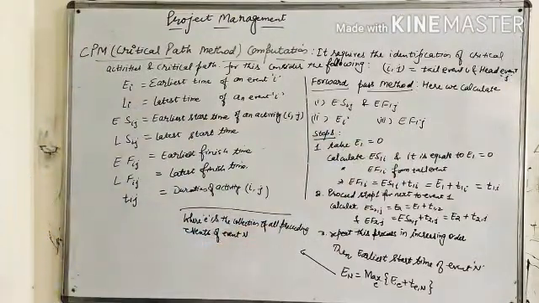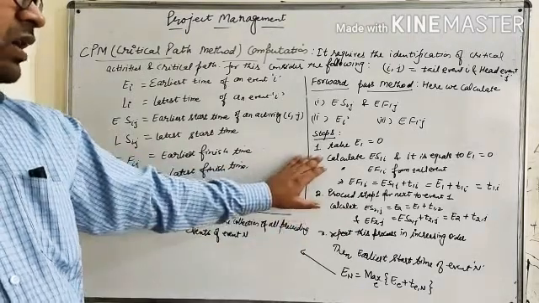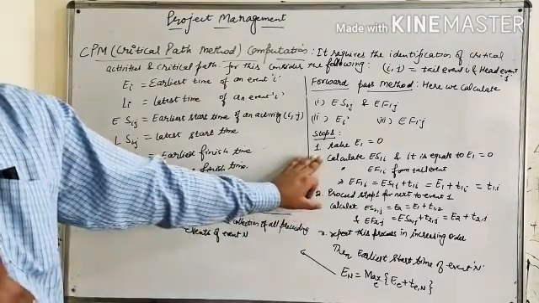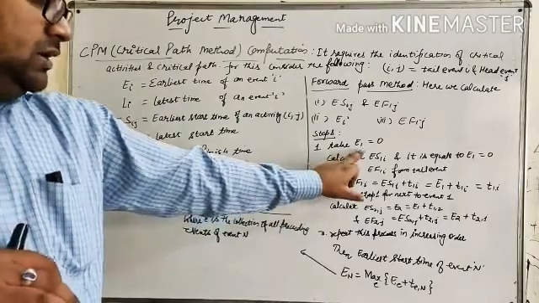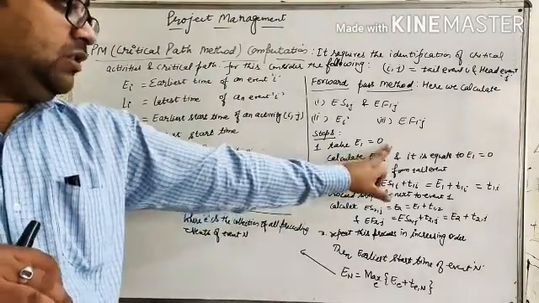The steps are: assume the earliest occurrence time of initial event 1, for starting activities having no predecessor activity, equals 0. Because there is no preceding activity for this path, E1 equals 0.